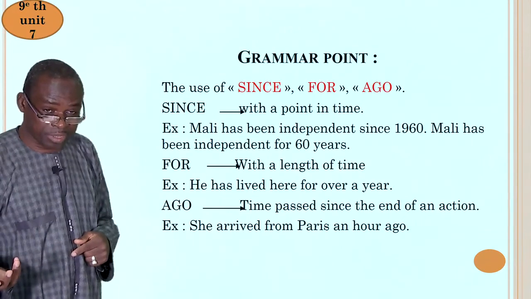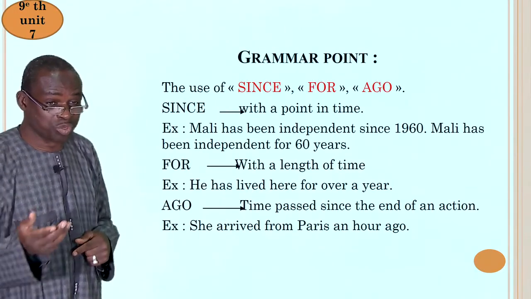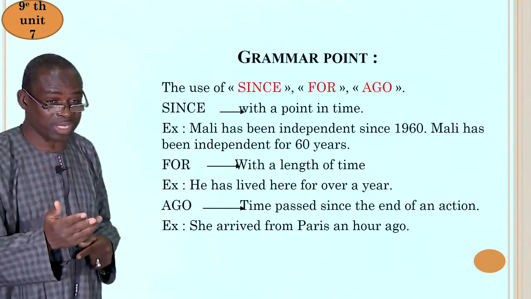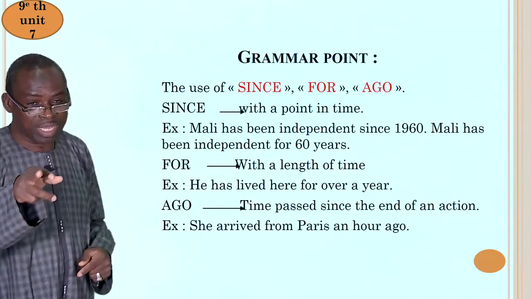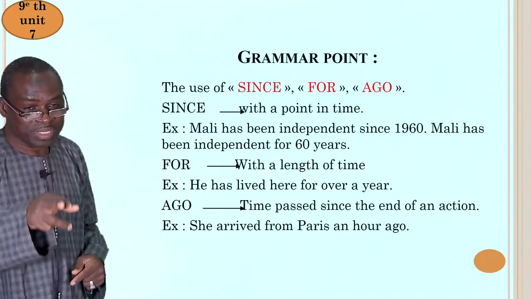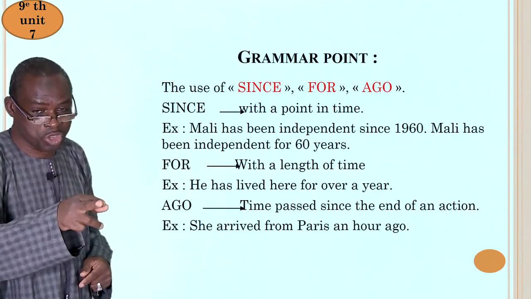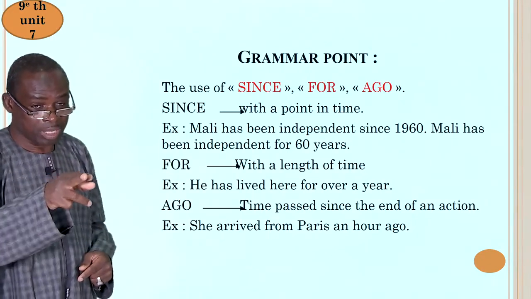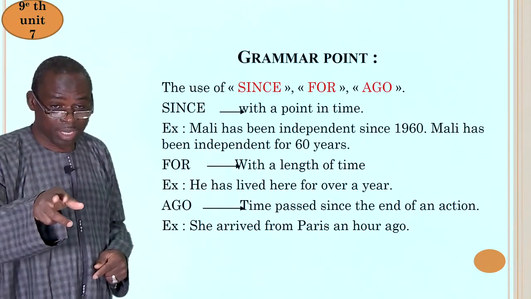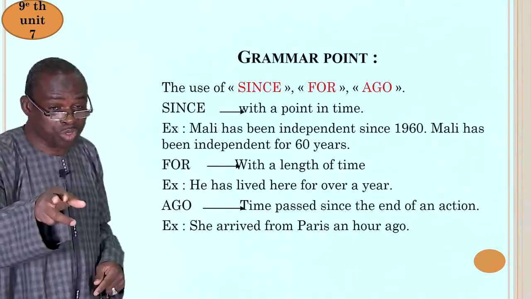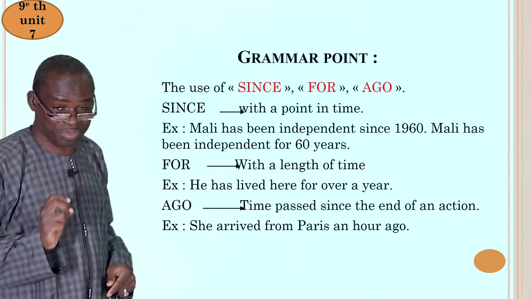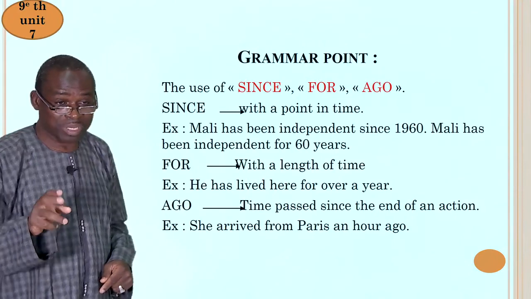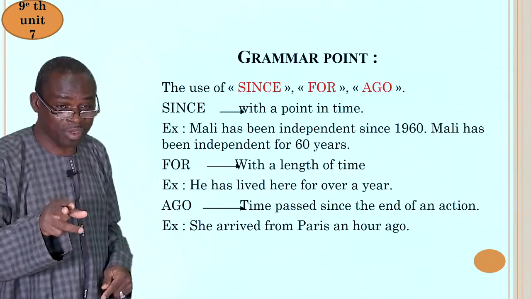In other words, when we want to use it with for, we can say Mali has been independent for 60 years. Now, for is used with a length of time.